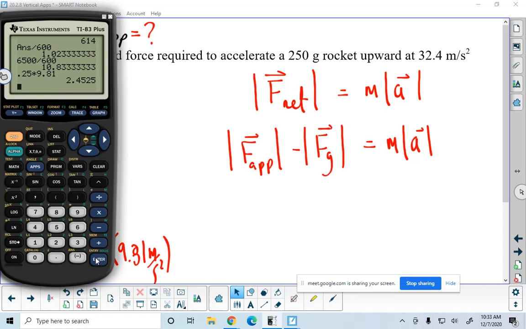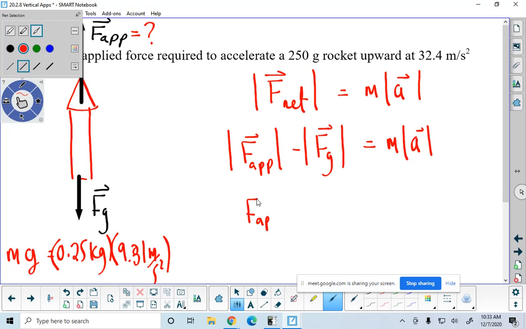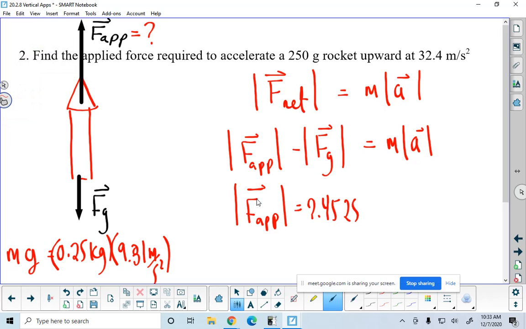So what we end up with is the applied force upward minus 2.4525, I think. Double check that.